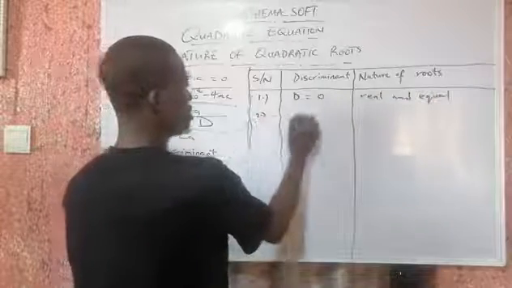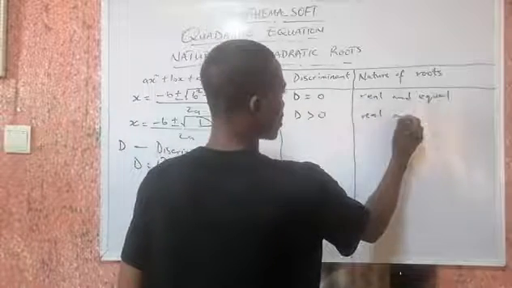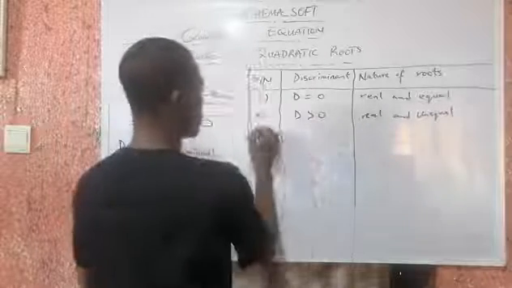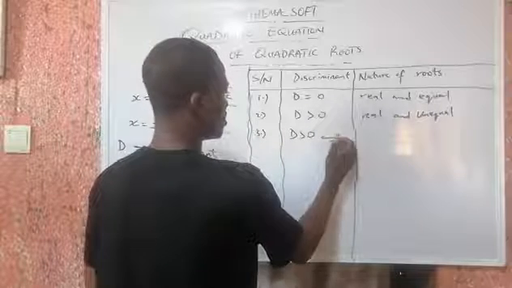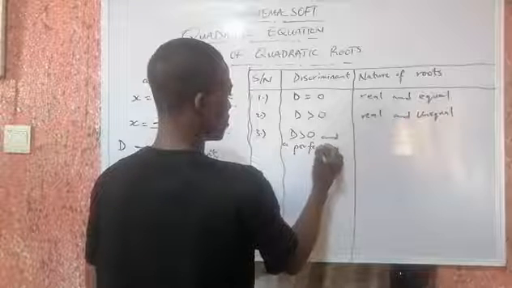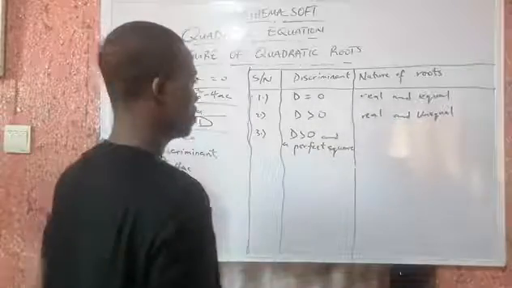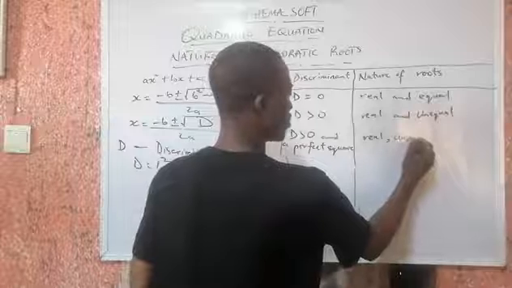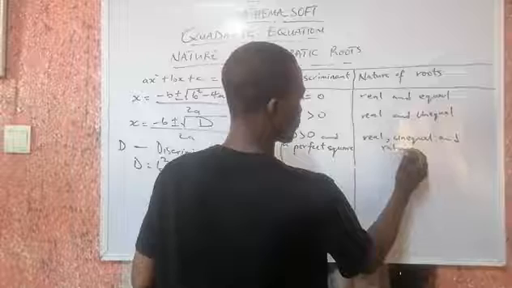Two, D greater than 0: real roots and unequal. Three, D greater than 0 and a perfect square: real roots, unequal, and rational.